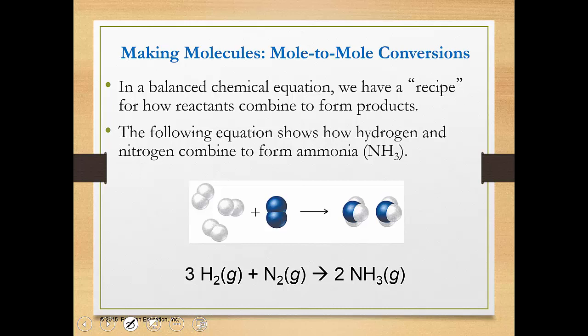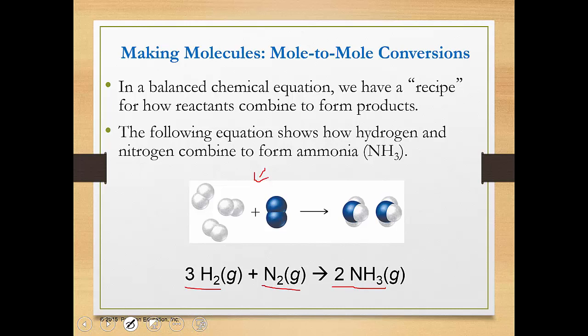All right, now in this recipe, or this balanced equation, we're going to combine 3 moles of hydrogen with 1 mole of nitrogen, and those are going to produce 2 moles of ammonia. So if you look at the image up here, you can see how that breaks down. So the nitrogen is one of those diatomics. There are 2 individual nitrogen atoms, so that bond breaks apart. The hydrogen is also a diatomic. Those are bound together.